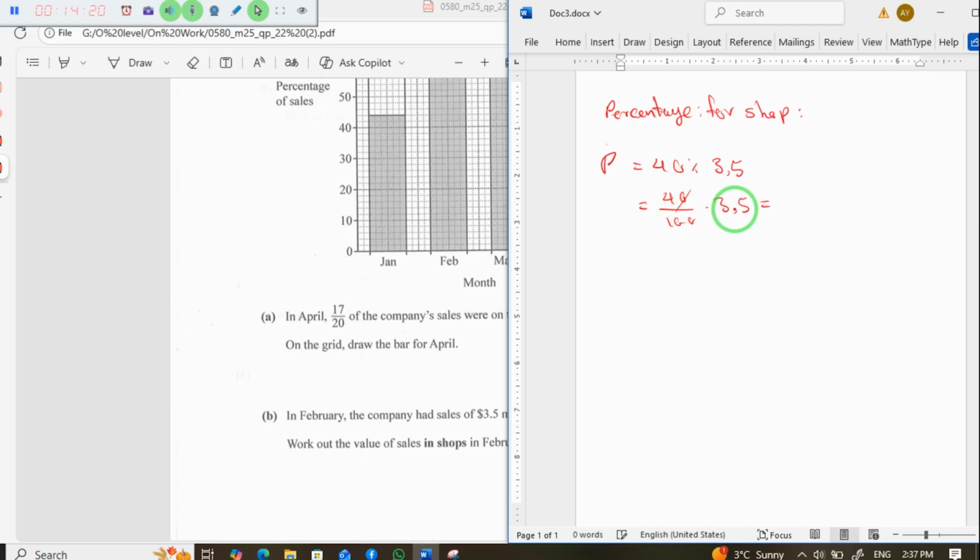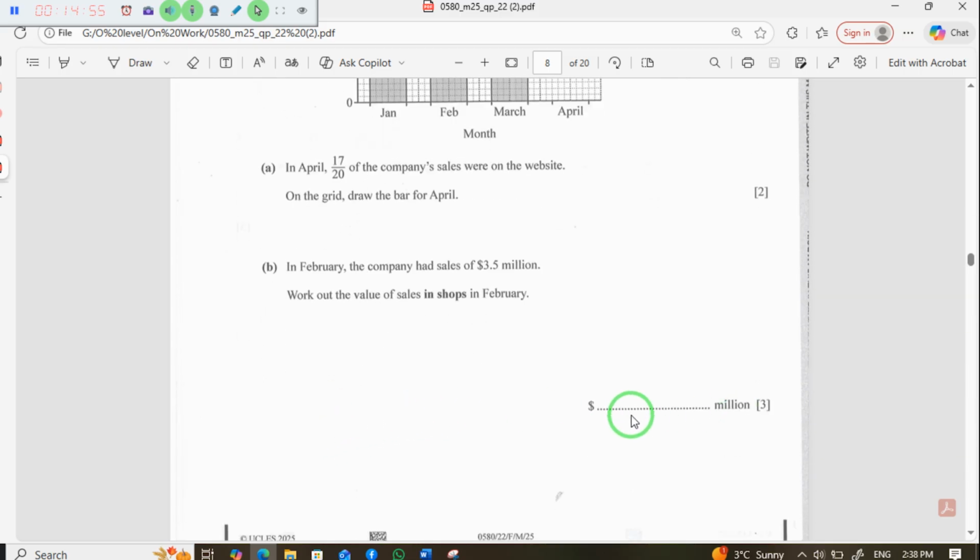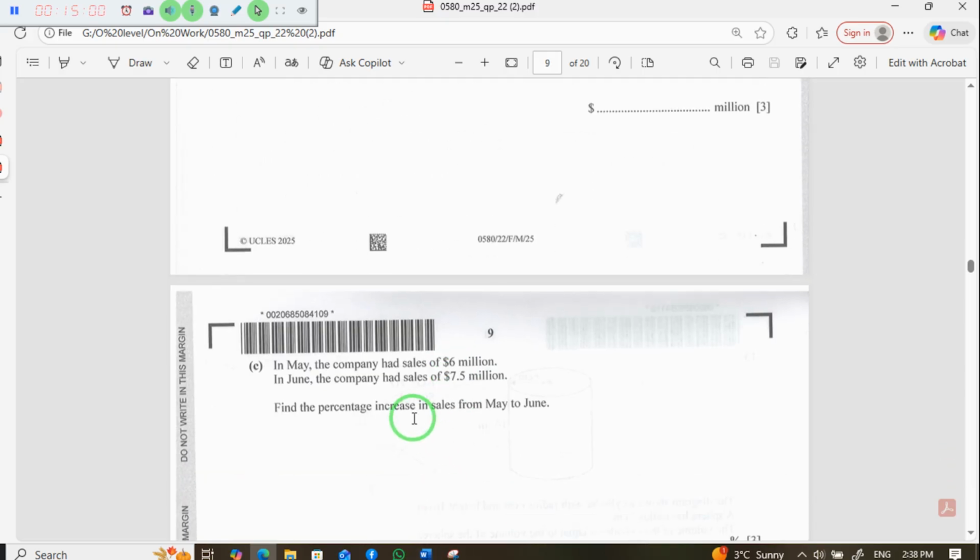We simplify the zero with the decimal point, and then multiply 4 times 5, 20, write 0 and carry 2; 4 times 3, 12, plus 2 is 14. So 14 over 10 is 1.4 million. This is the amount of sales in US dollars in shops. Part B is solved, and we should write the answer here. Then we come to part C.